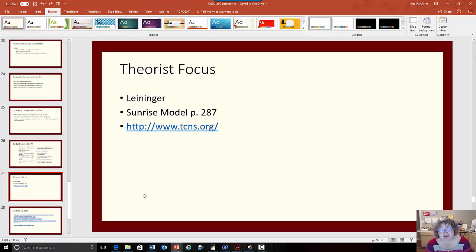The sunrise model shows all of the different factors that influence that state of well-being. In looking at that model, that will help you to develop questions and elicit responses to information that may take you somewhere on that continuum. So I hope you'll find that helpful.